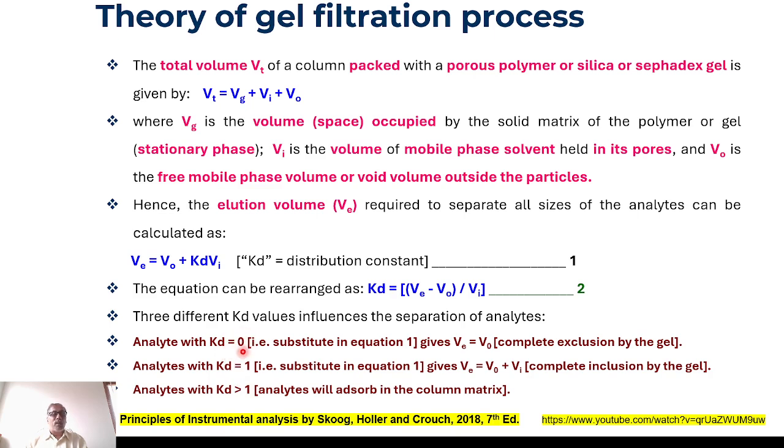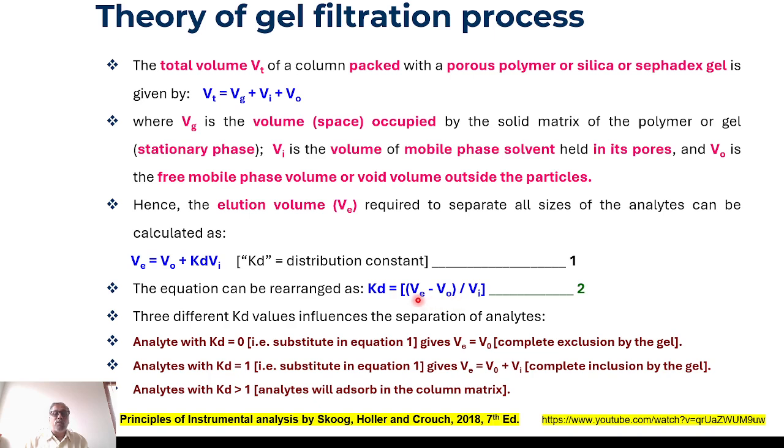So what happens when KD is equal to 0? Now how to calculate the KD? You keep KD here. When you bring this VO to the left side, it will become VE minus VO, and when you bring this VI to the left side, it will become VE minus VO divided by VI.